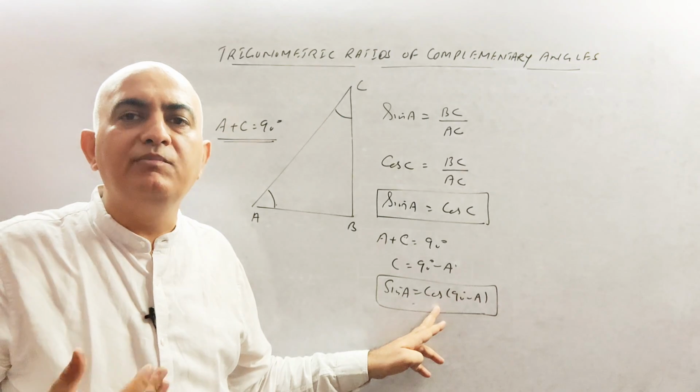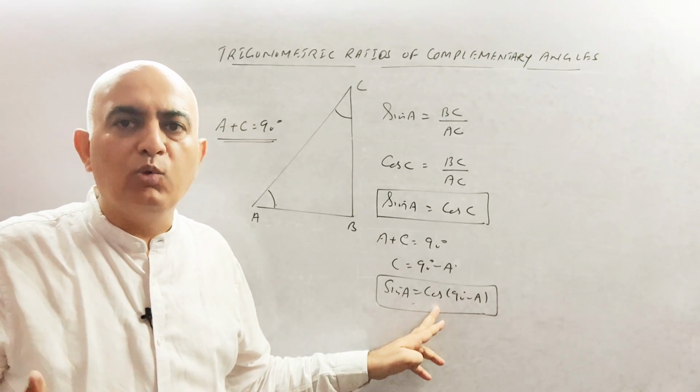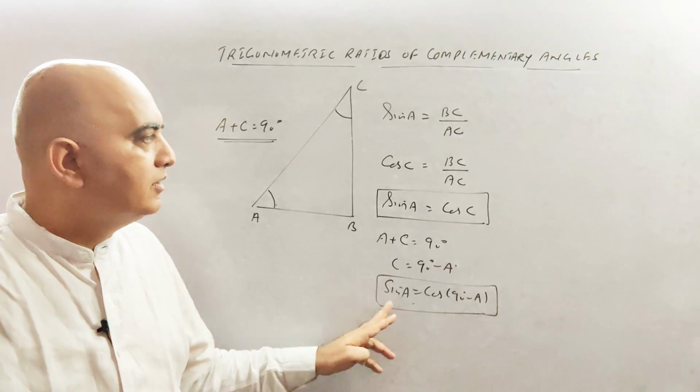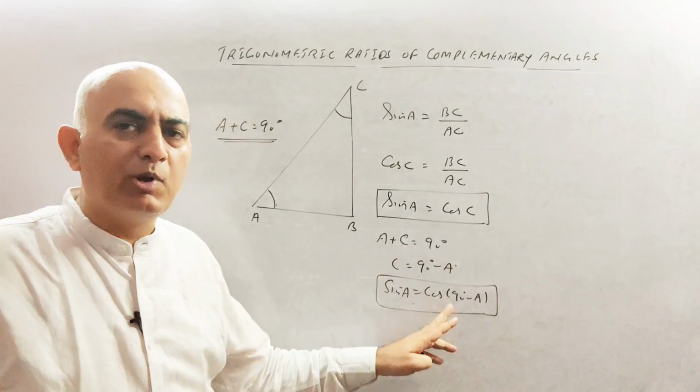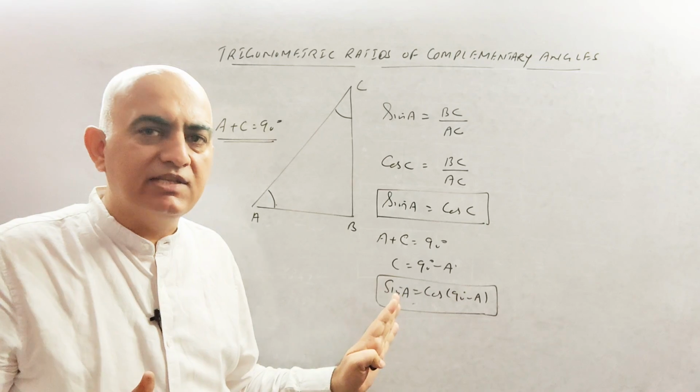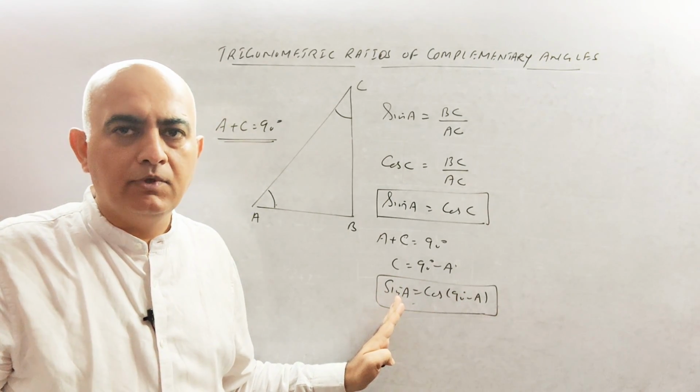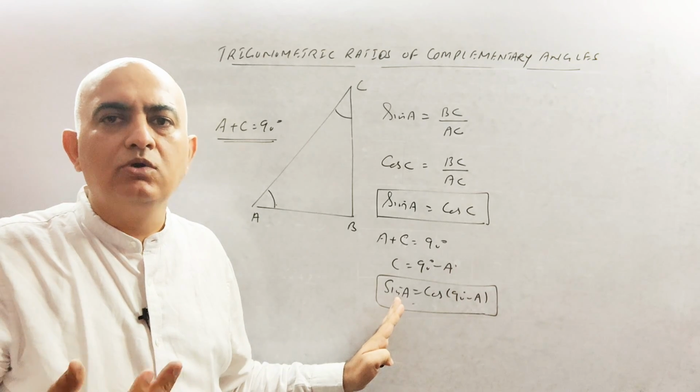Cos is called the complement of sine because cos of 90 minus A becomes sine of A. By using this property, we have already discussed that sine of 30 is equal to cos of 60, and sine of 60 is equal to cos of 30.